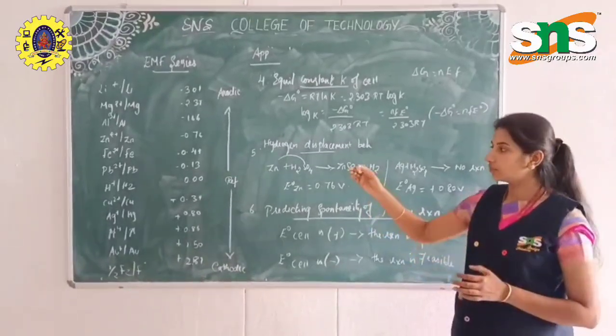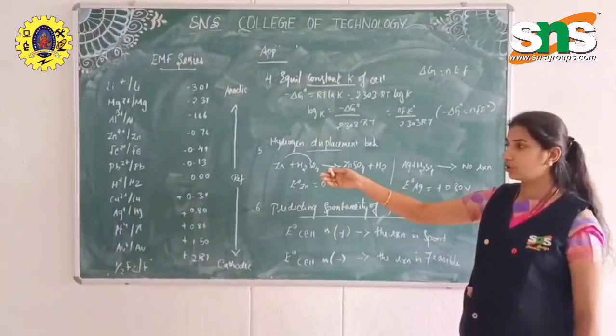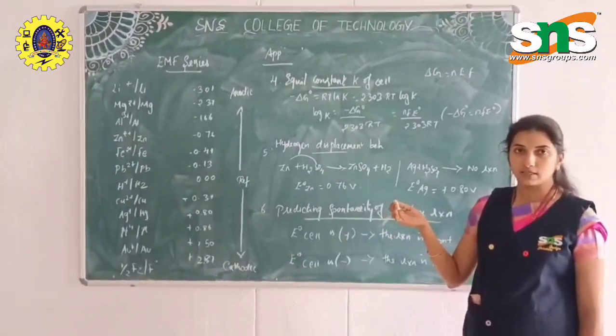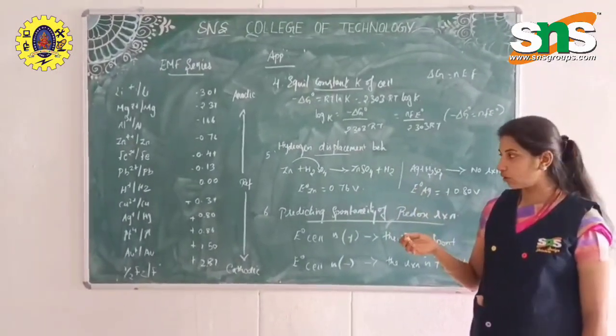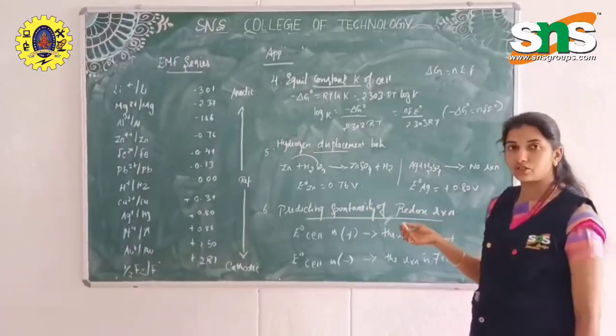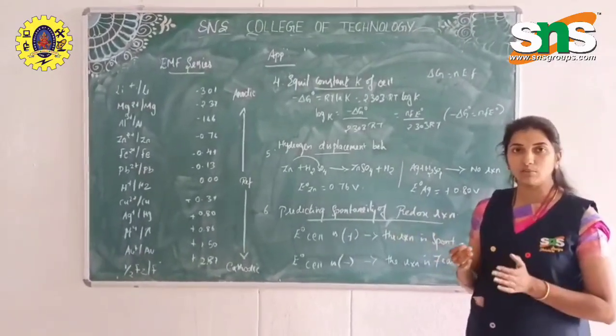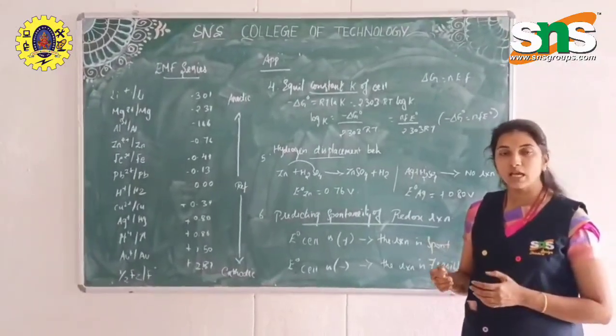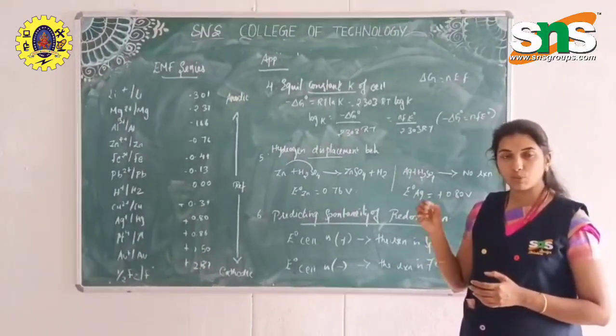Because hydrogen has an electrode potential of 0, it is considered the standard hydrogen electrode. The last point is predicting the spontaneity of redox reactions. When the reactions occur by redox, whether oxidation or reduction, the reactions will be spontaneous or feasible.